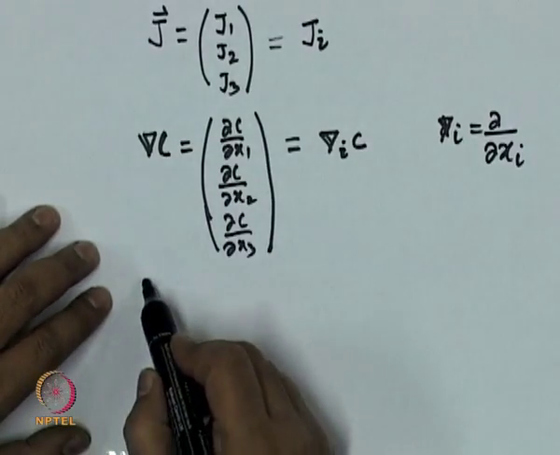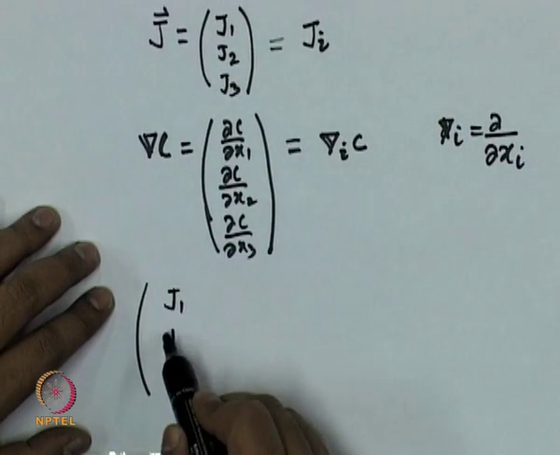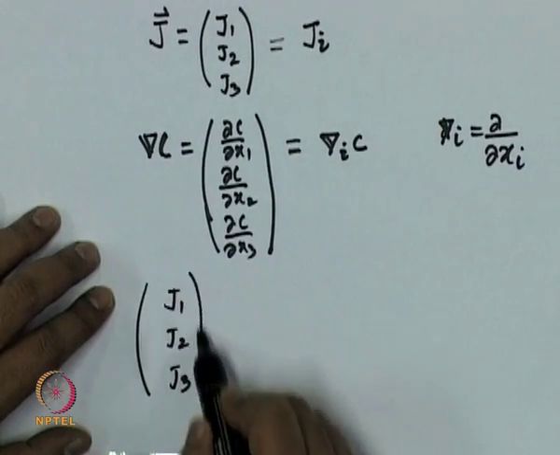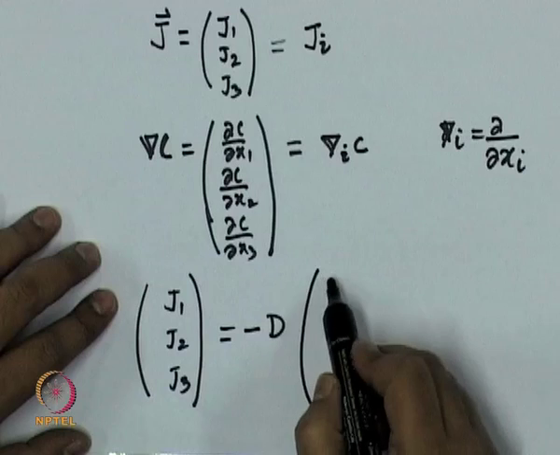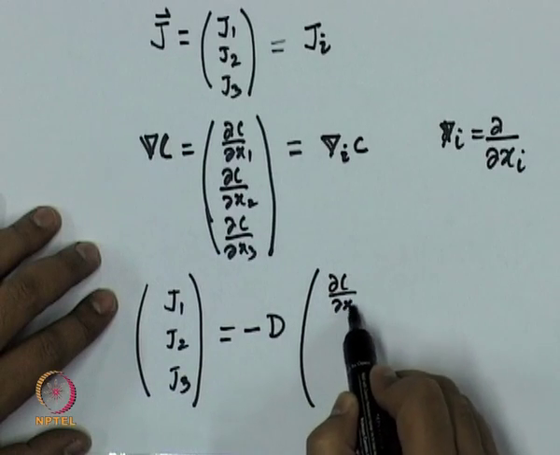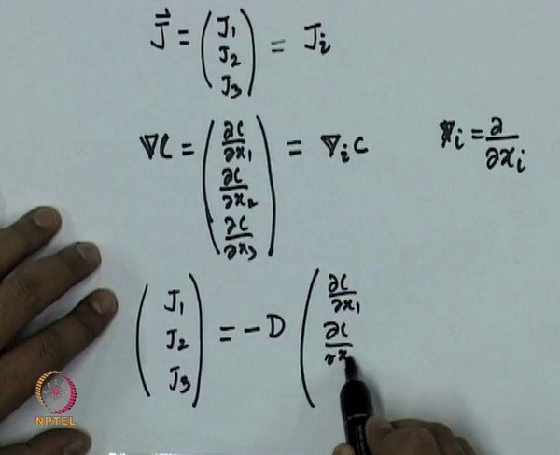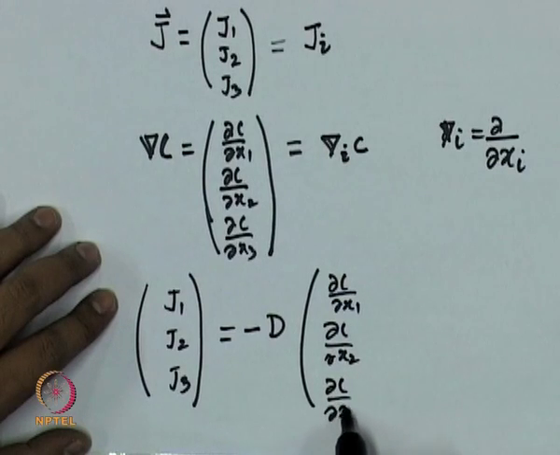So, now you can see that I have j1, j2, j3 equal to minus D times dou c by dou x1, dou c by dou x2, dou c by dou x3.